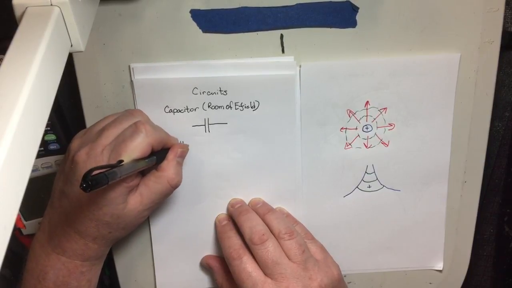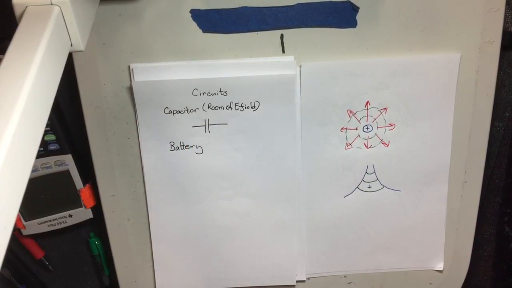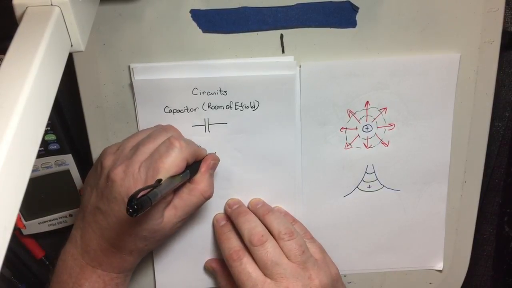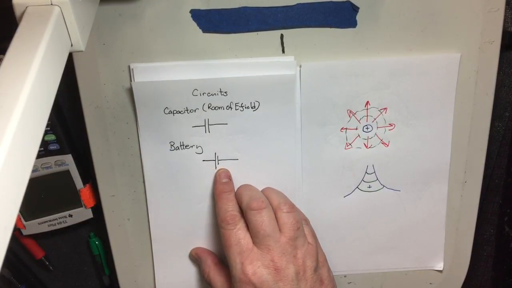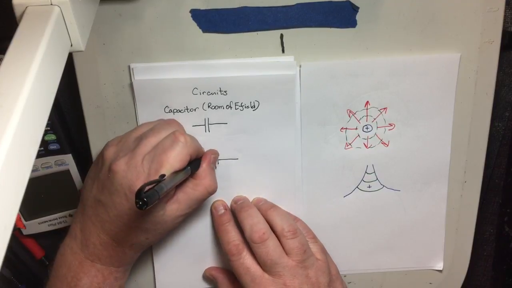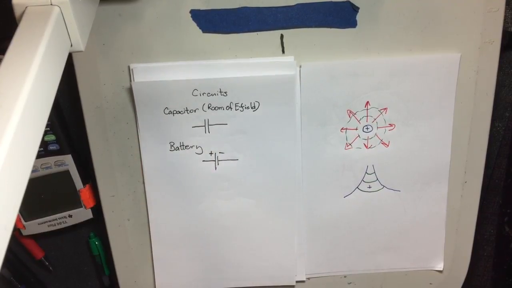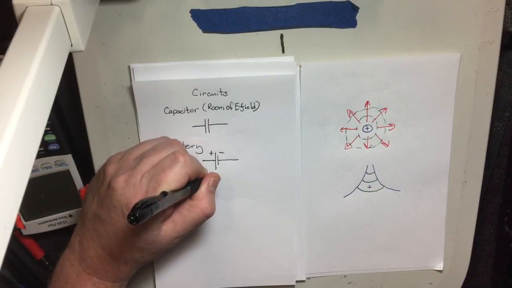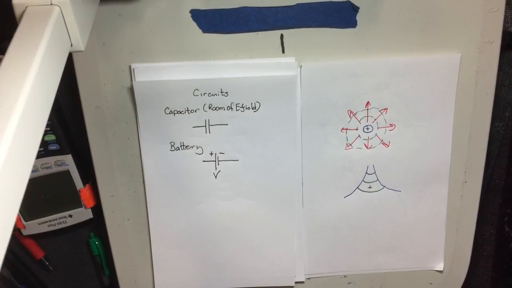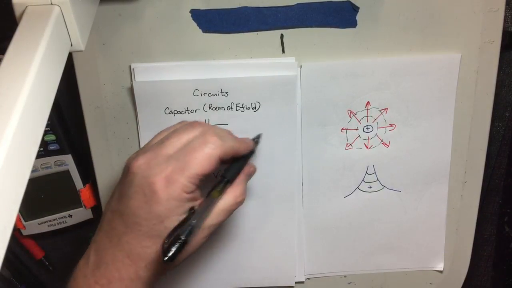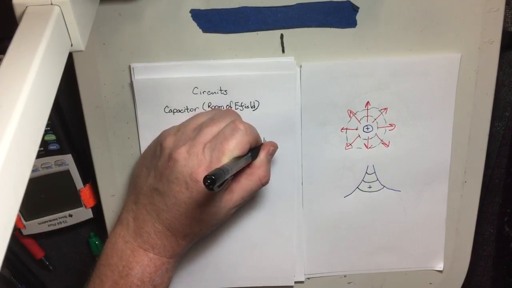There's also a symbol for a battery, which we've talked about before in potential differences. A battery looks like this. One of the lines is long, one of the lines is short. The long line is positive, the smaller line is negative. Typically they just write V, which is the voltage of the battery.